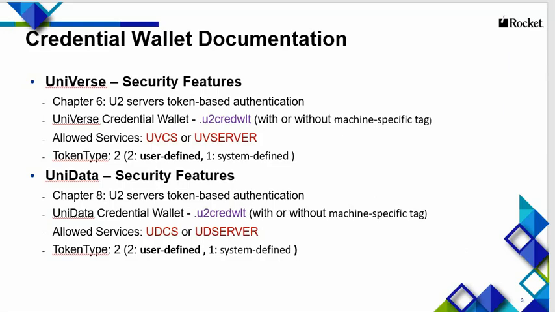UVCS will apply to all .NET UO.NET connections. If you set the service called UVSERVER, it will allow you to connect to all UCI server connections. Same thing for Unidata. The service name will be only UDCS or UDSERVER. And token type is always 2 for the customer to set.